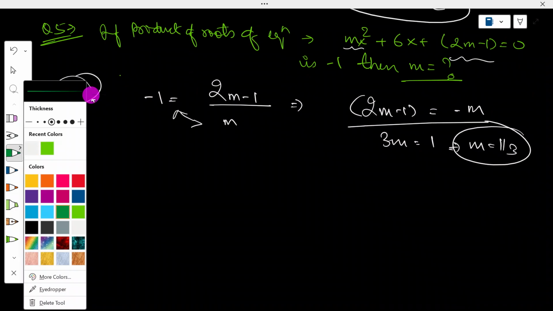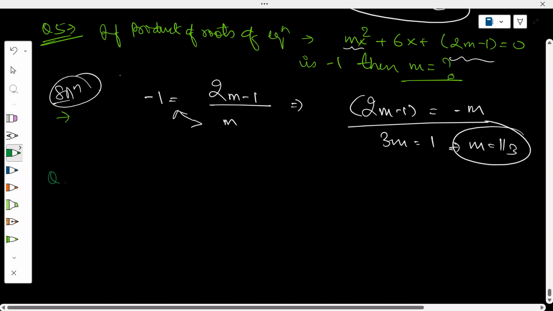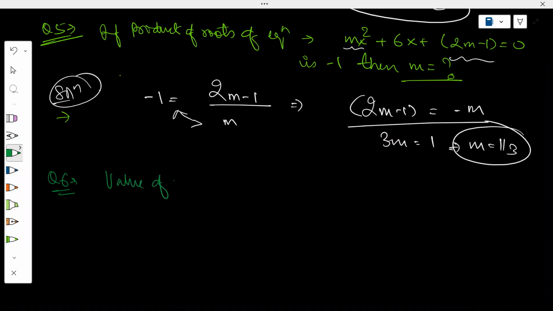And now question number 6 is, we have to find the value of this. This question is a mix of both concepts from logarithm as well as quadratic equation.